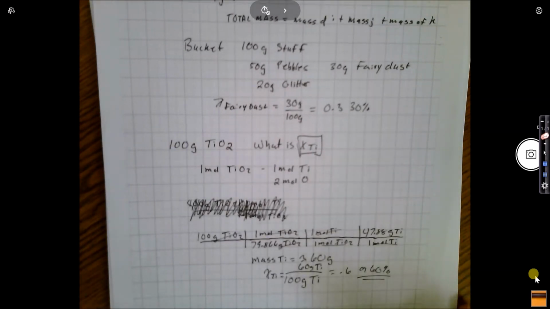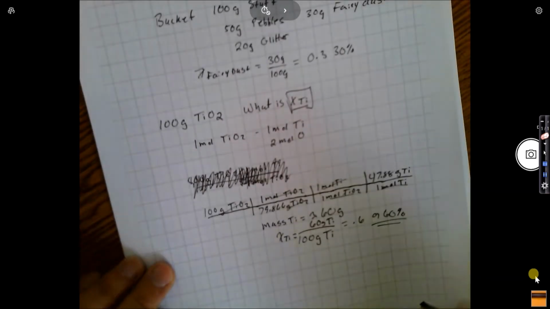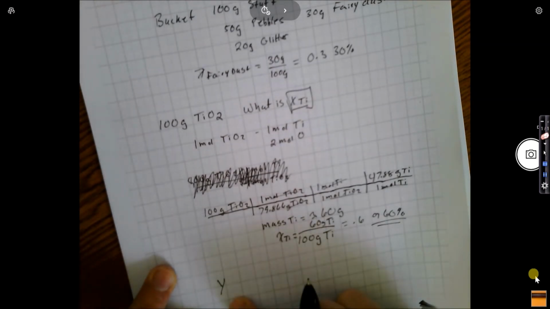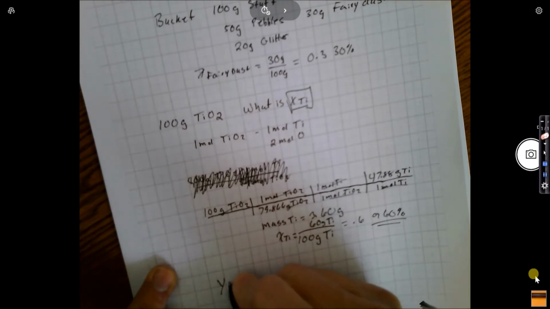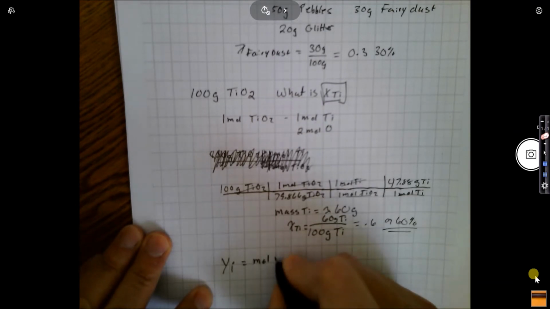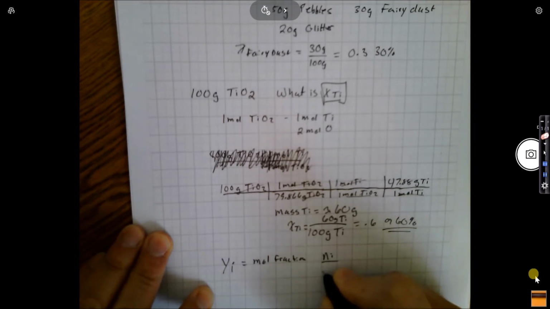The other fraction we care about, as I said before, is mole fraction. And I kind of verbally did this. Mole fraction actually is given in terms of Yi. And why? I don't know. Haha, pun. Get it? Okay, Yi is mole fraction, and it is Ni over N total.